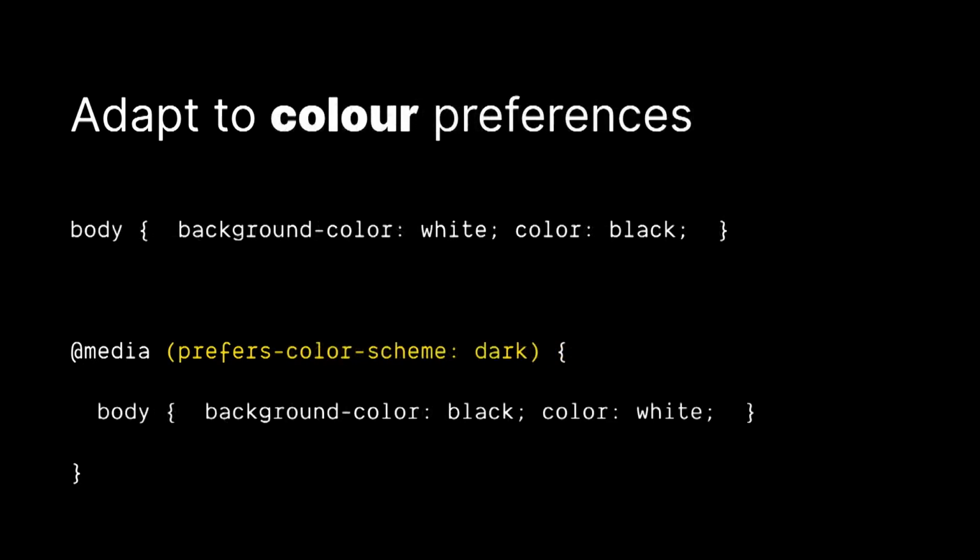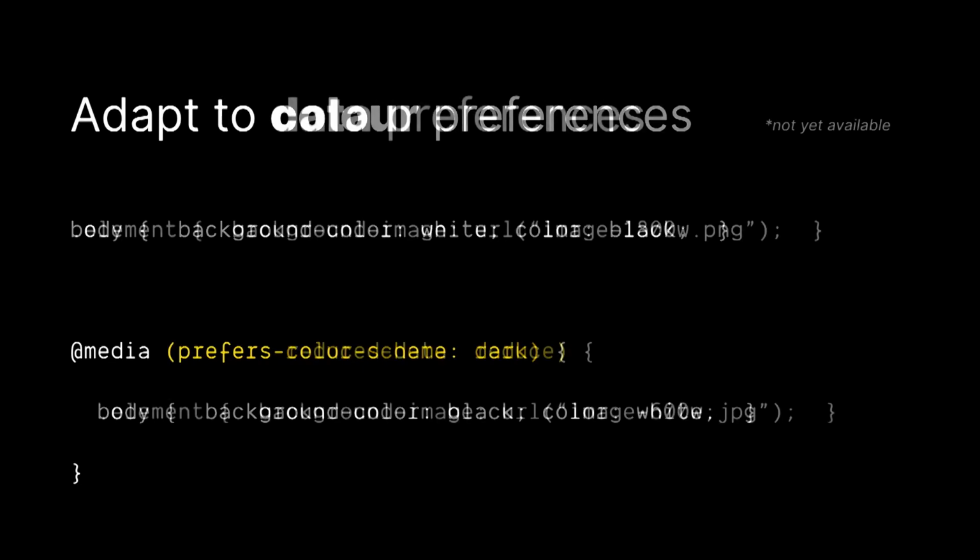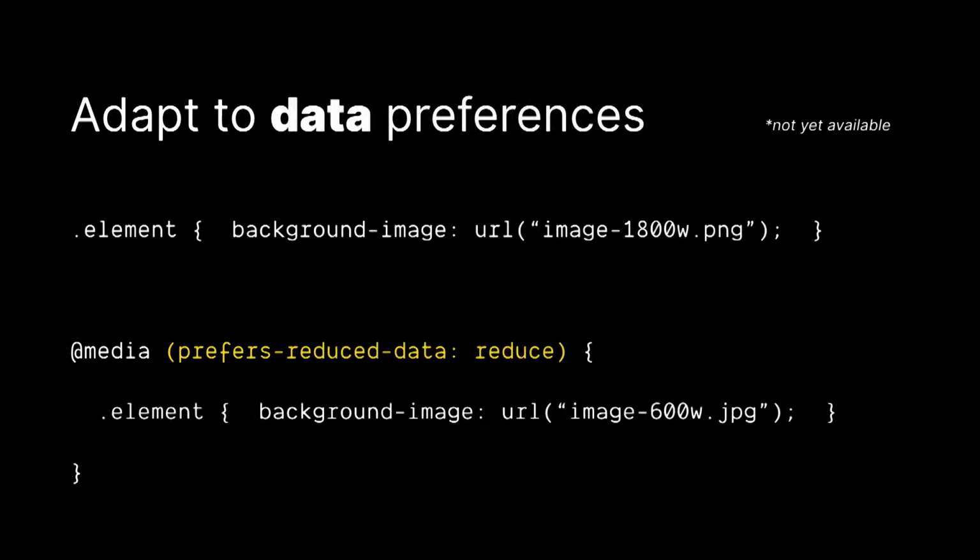But there are lots of other preference-based media queries. For example, we can specify if a user would want a light or a dark theme. And what's really cool that should be coming soon is being able to adapt to data preferences. So in browsers like Chrome, users can specify if they want reduced data.